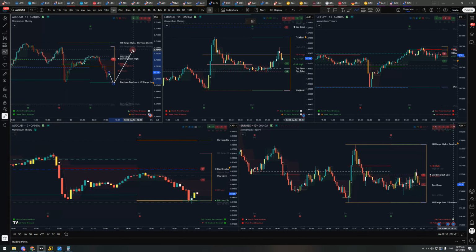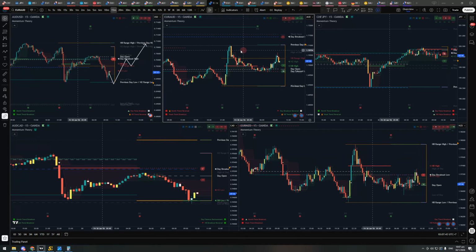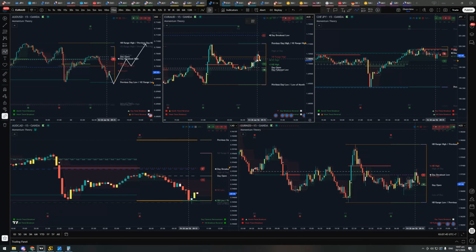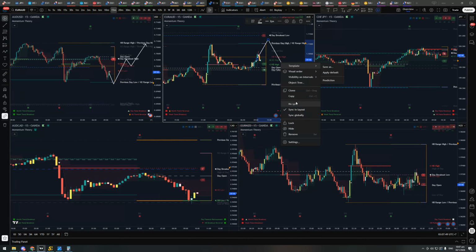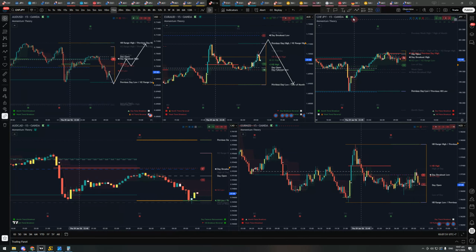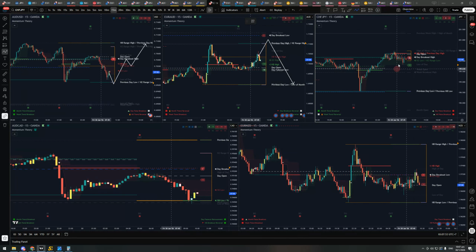Price come down, take this back up. I already have my alerts. And so I always mark up my chart so I know exactly what I'm looking for if I get the alert.